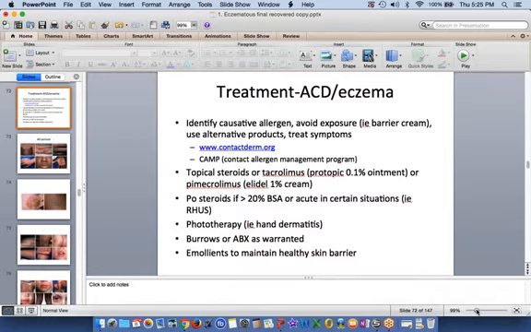Now, this is something that we commonly see. And as a matter of fact, I actually saw a patient this week with another employee, another provider, that was having a problem controlling the severe atopic dermatitis.